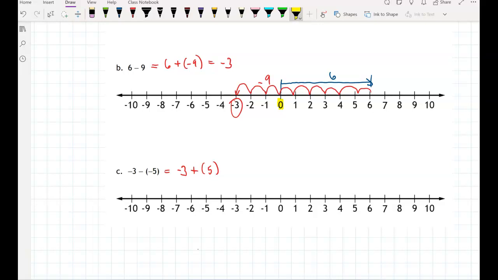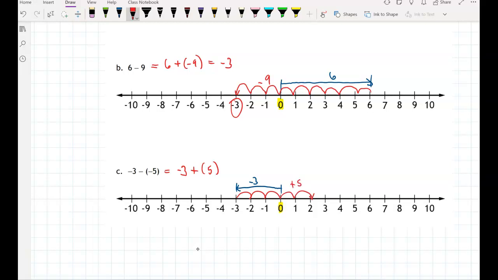So going to the number line, starting at 0. From 0, I'm going to go to negative 3. Okay, there I am at negative 3. And then I'm going to add 5 from there. And I'm adding a positive 5. That means I go to the right. 1, 2, 3, 4, 5.